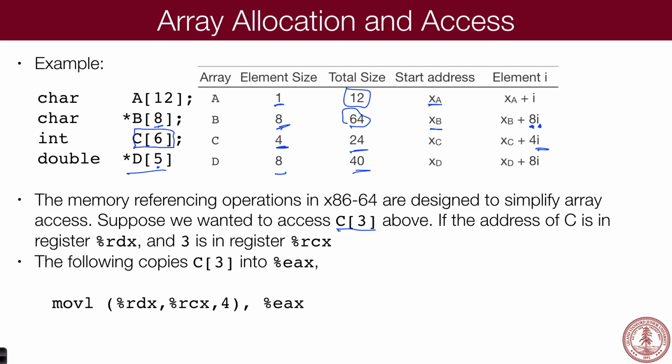If the address of C was in RDX and the index 3 was held in RCX, what would we have to do, right? If we wanted to move the value into, say, another register, well, we could say RDX plus 4 times RCX, which is the actual scaling up here. See how that works? It's not too bad once you get to this point.